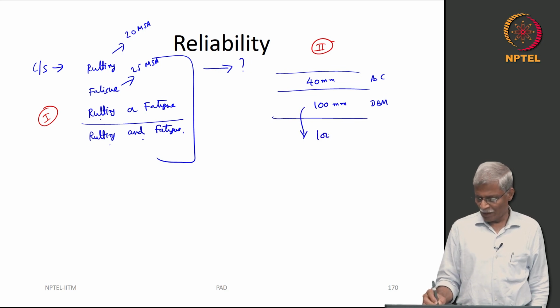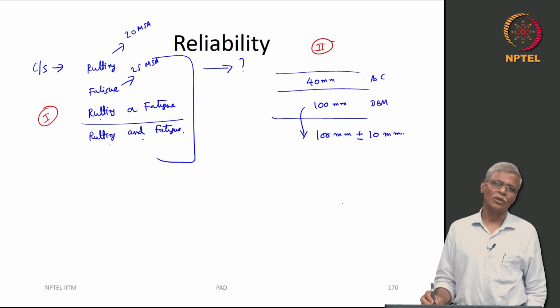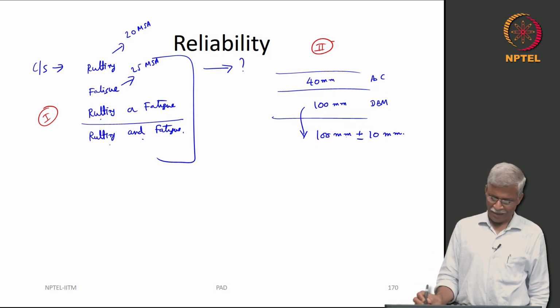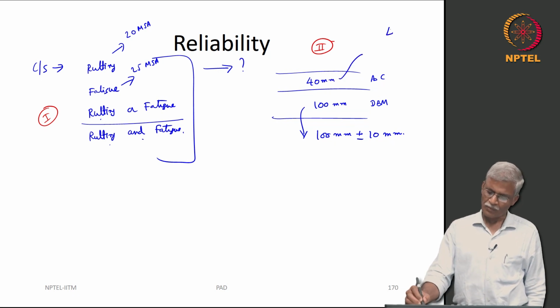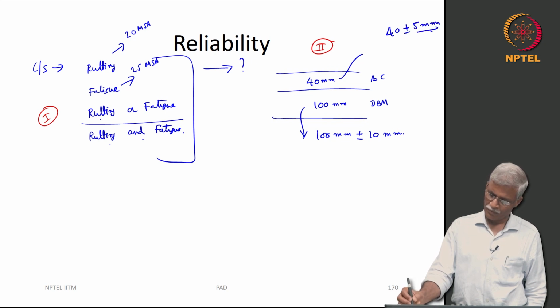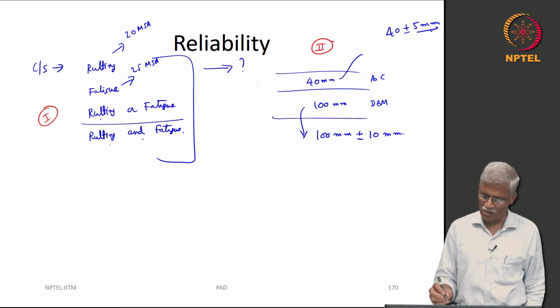So, let us assume that this thickness is normally distributed in this particular range. And let us assume that this distribution is normally distributed, and this is the range. The same here. How will your reliability change? So, this is as far as the thickness is concerned.